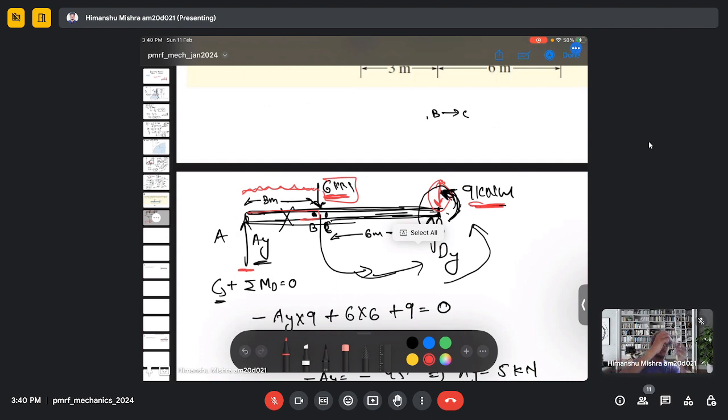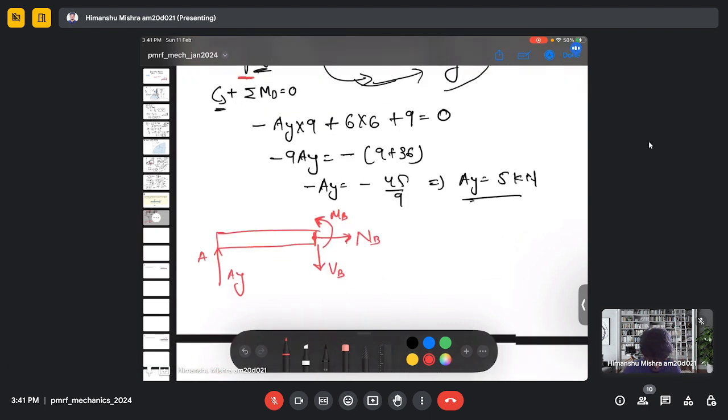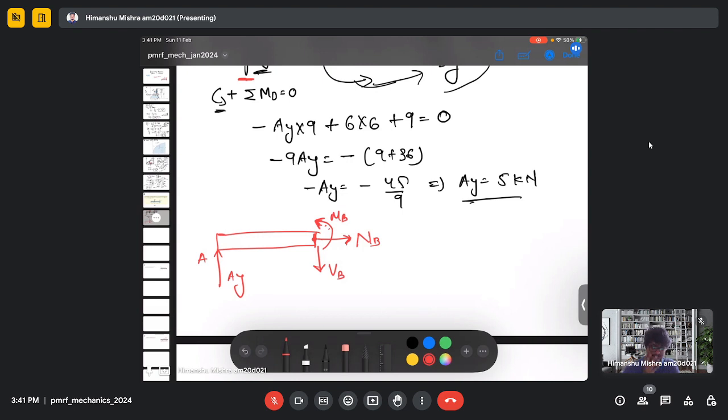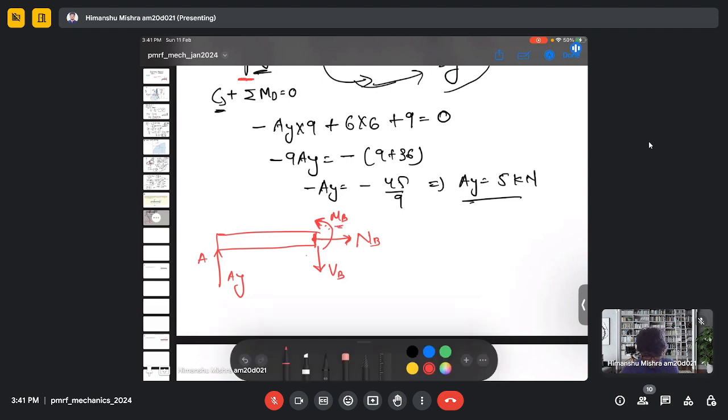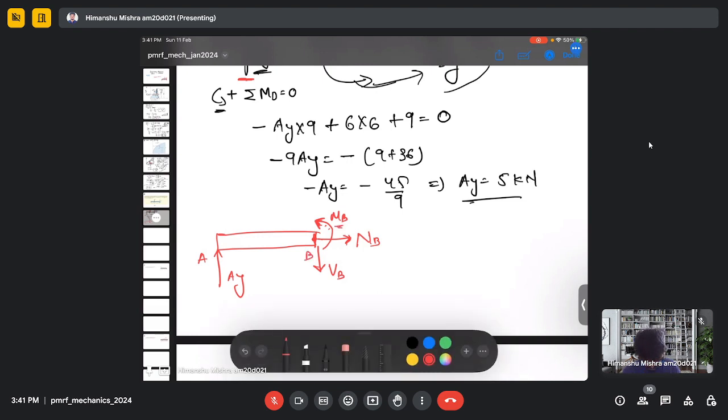Otherwise, it will start moving along this point. But this is not happening because the beam is fixed at both ends. So it will create movements in the direction opposite to this movement, because there is a force which tries to rotate this beam, right? And since the beam is fixed here, it will create counter movement. So this is the counter movement and counter forces acting at location B.